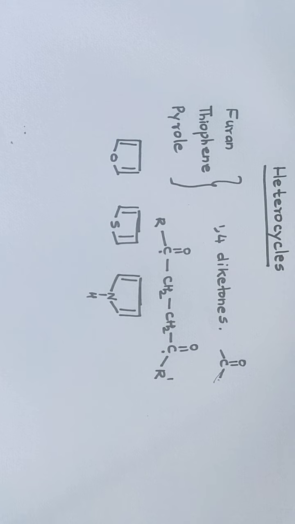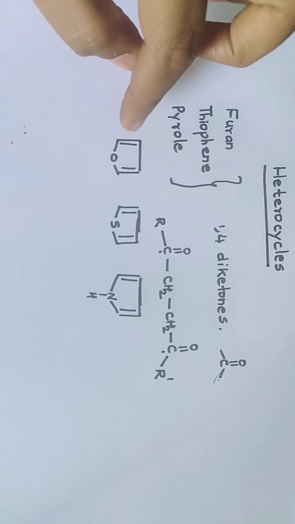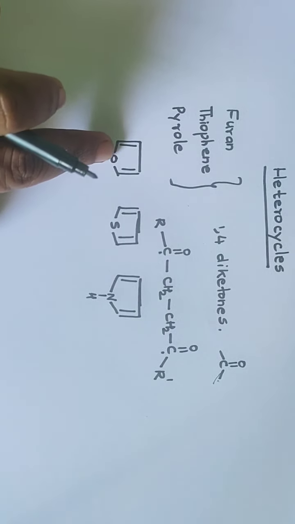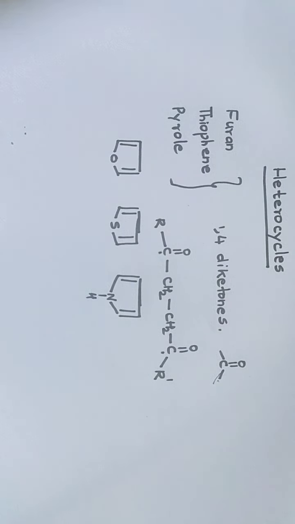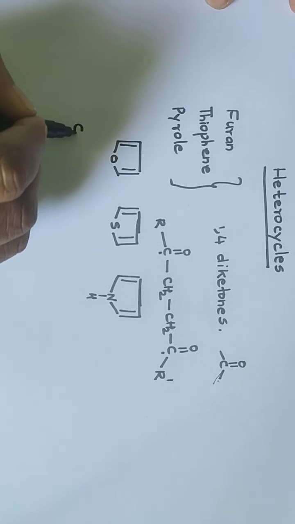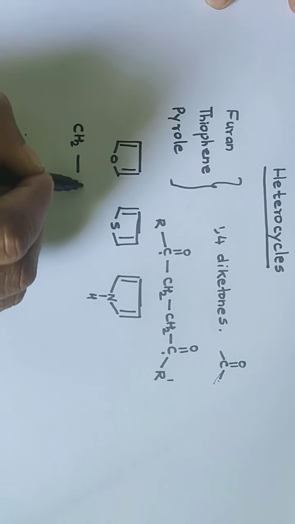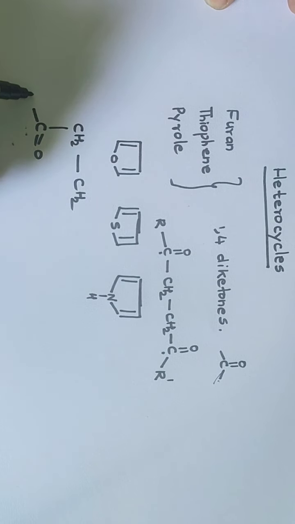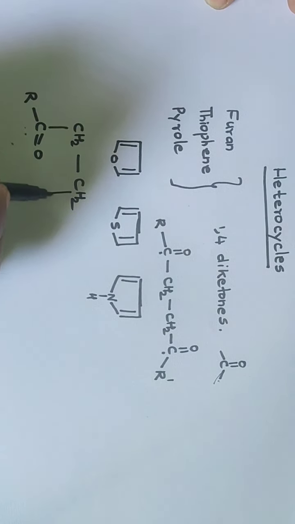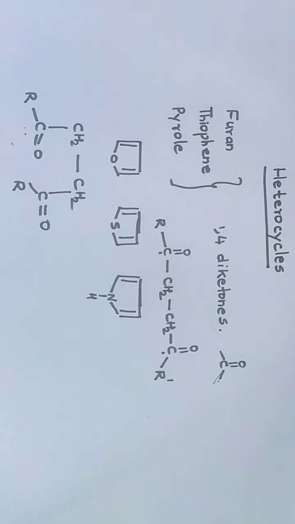Let me start with the synthesis of the furan molecule. So the 1,4 diketone: CH2, CH2, C double bond O, the R group, C double bond O, the R group.